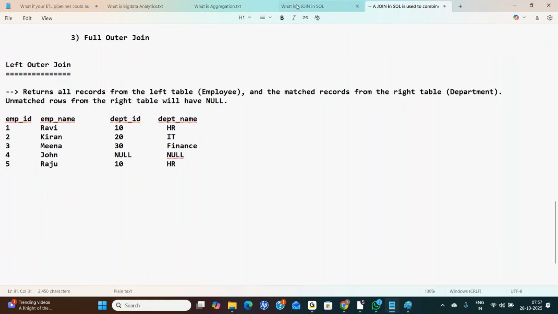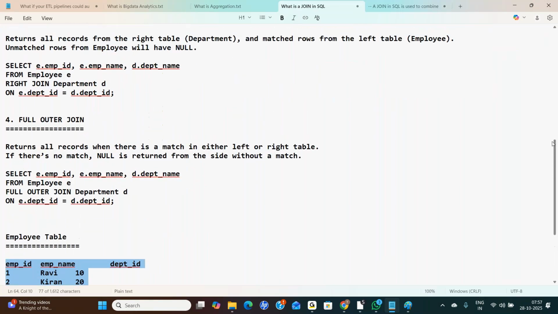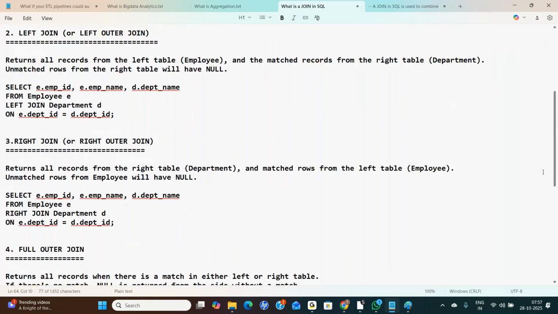Even the query, in the previous batch I have written the query. What is the query I have written? Select e.employee_ID, e.employee_name, and d.department_name from employee E left join department D on e.department_ID, and you can also consider e.dept_ID, or write department ID.